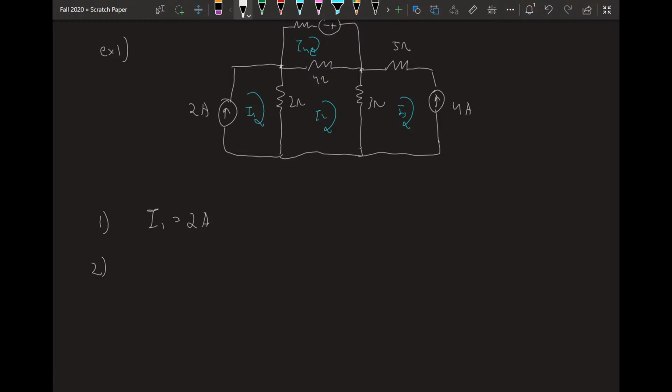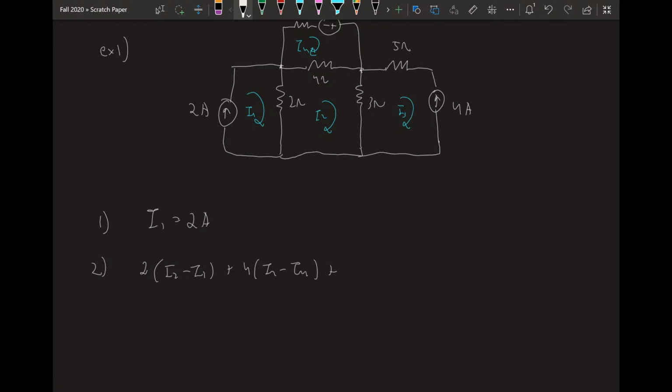Okay, let's look at mesh 2. Writing our system equations for mesh 2, starting over here and going up, we see that we have 2 ohms times I2 minus I1. Now we're at the 4 ohm resistor, so we're still dropping power. So I2 minus I4.